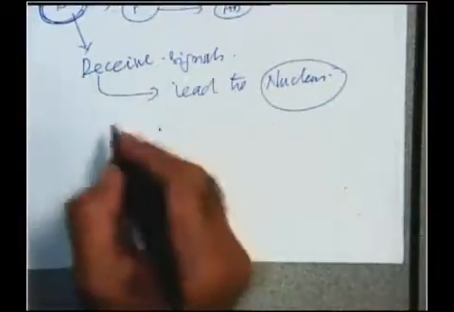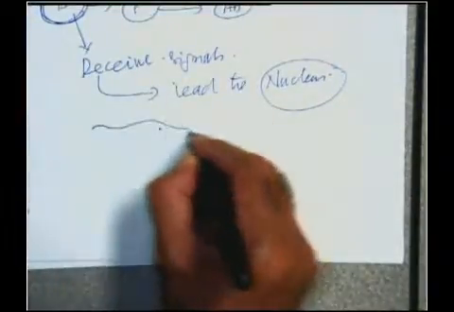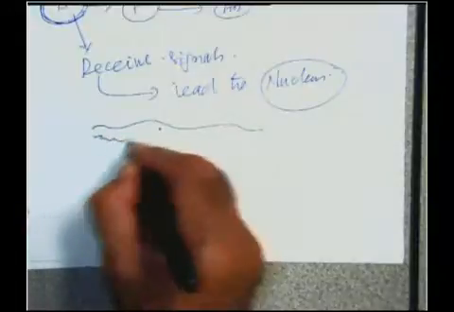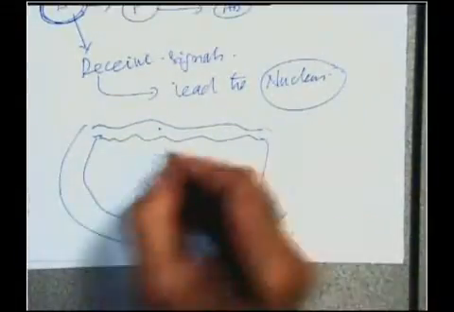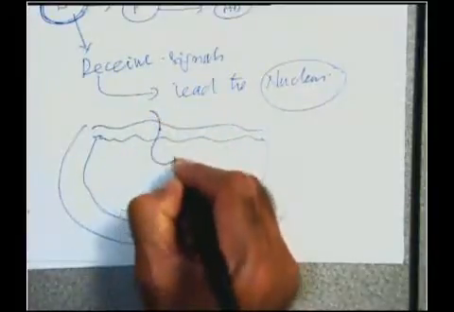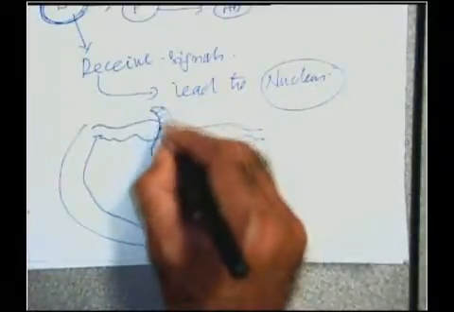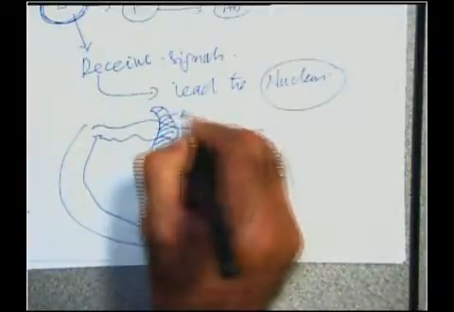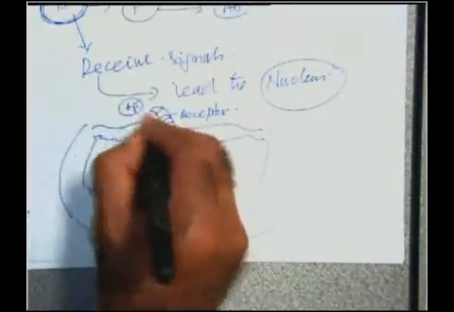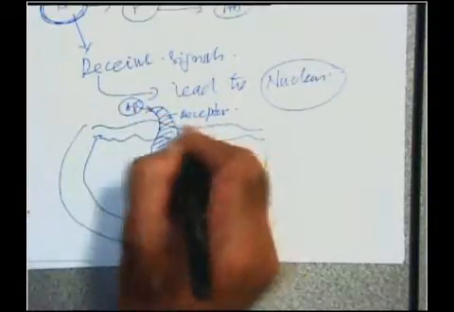As I mentioned before, the cell membrane is a lipid bilayer membrane, and you have the protein, and this protein is a receptor, and here you have an antigen. So the antigen is binding here with the receptor.